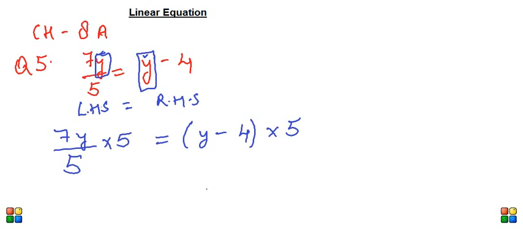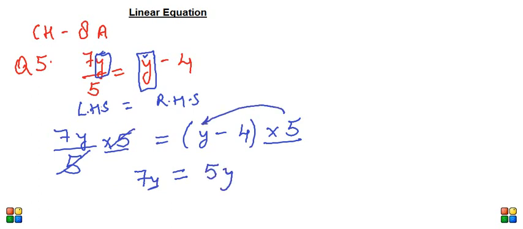That's why I multiplied by 5 here, and I have to multiply 5 on the right hand side also. Now this will get cancelled. The value left on the left hand side is 7y, and on the right it is 5 times y, so 5y, minus as it is, and then 5 times 4 is 20.